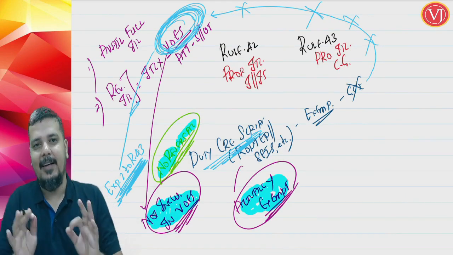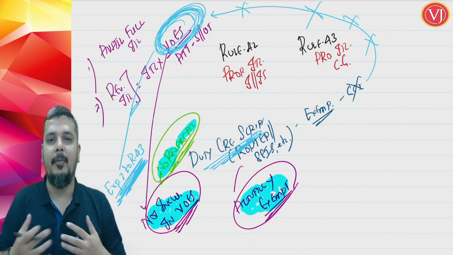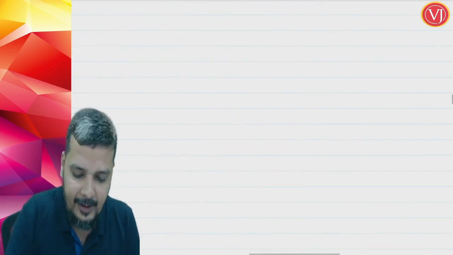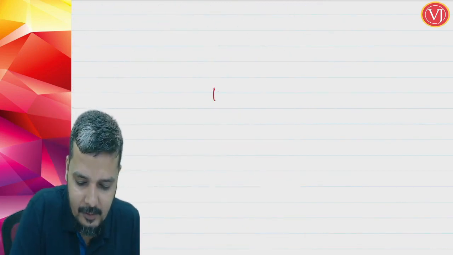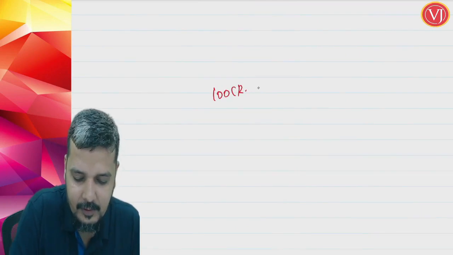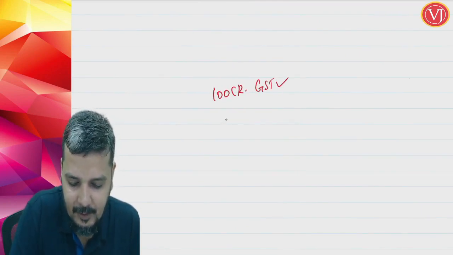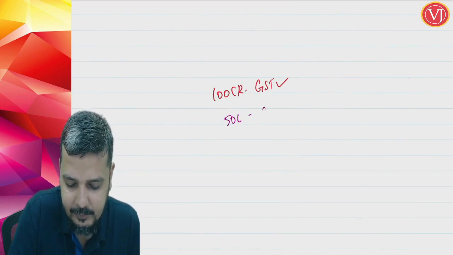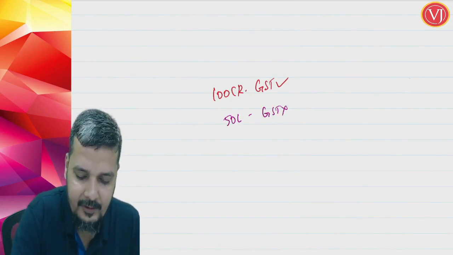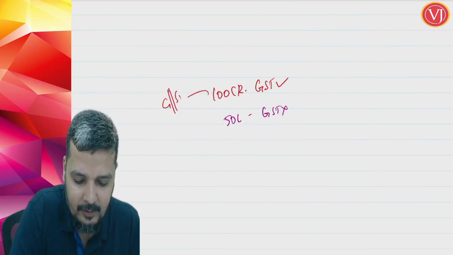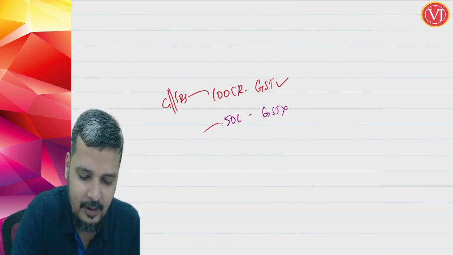I repeat, technically duty credit scrips when I sell them are exempt. So my normal product, I have 100 crores turnover on which I am paying GST. I have duty credit scrips, say only 50 lakhs, on which I am not paying GST. So this is normal goods or services, and this is duty credit scrip.